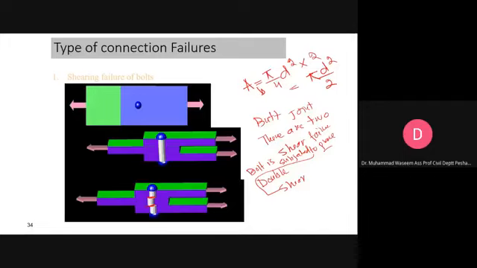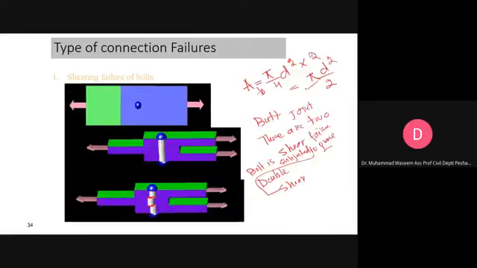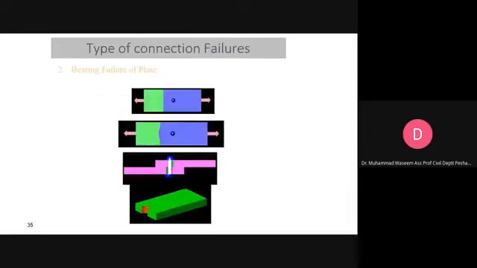So when you have this type of situation and you are computing the shear strength of the bolt, you will use this formula in order to compute the area of the bolt. And if you have this type of situation, you will use this formula. Is that clear to all of you?